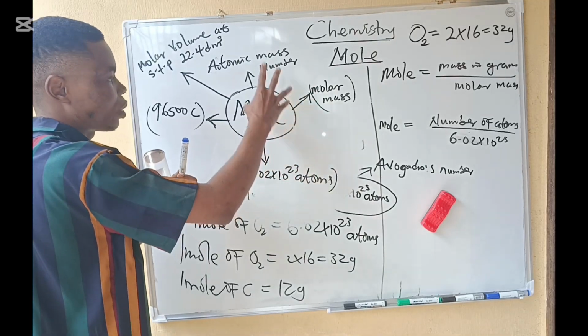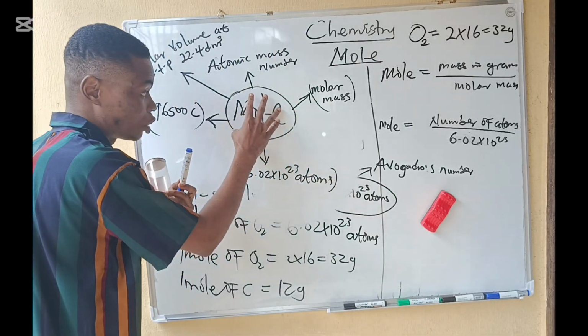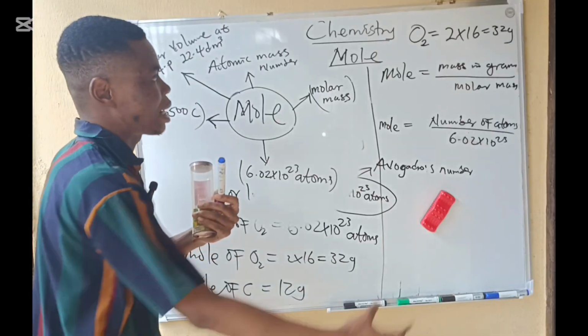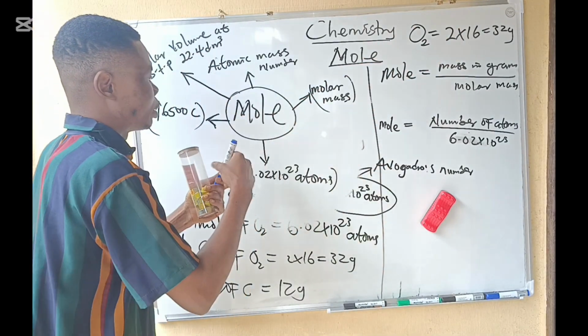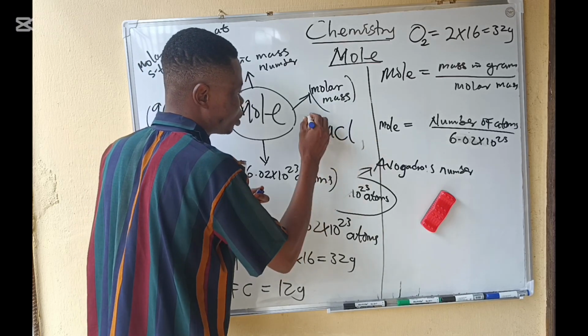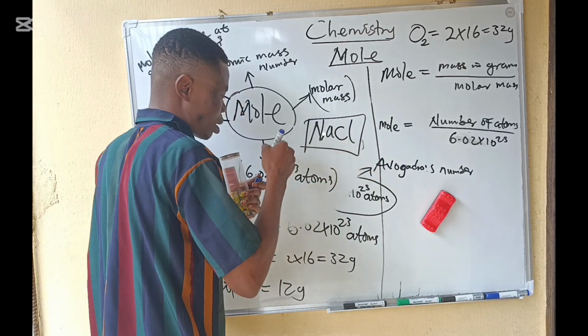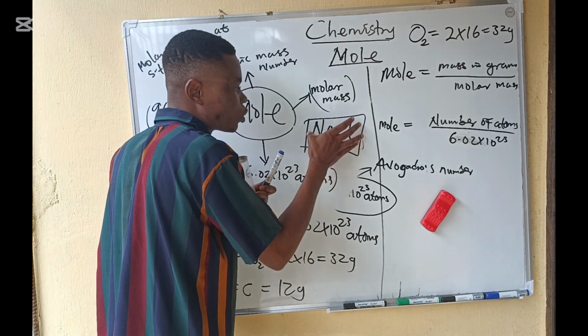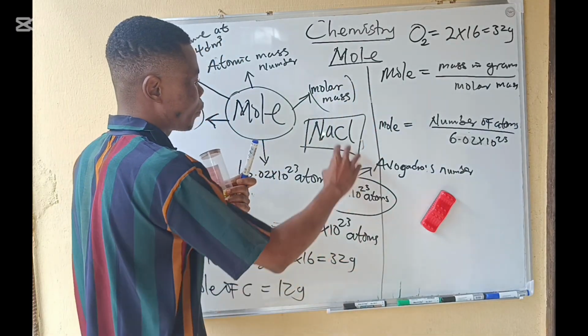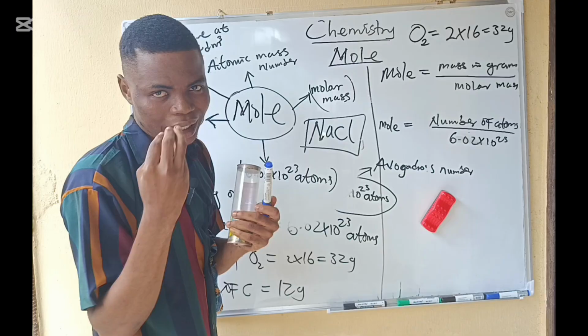You have 1 mole of any element or compound. This one is if it's a compound, or if the element exists as diatomic, as I explained here. When we are talking about a compound, something like sodium chloride, it means that 1 mole of sodium chloride will give you the molar mass of that sodium chloride. So you find the molar mass, you have an answer.